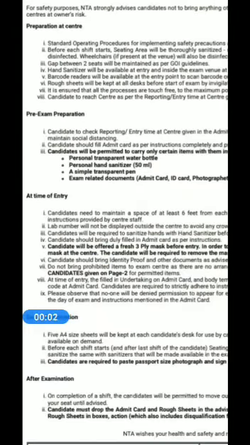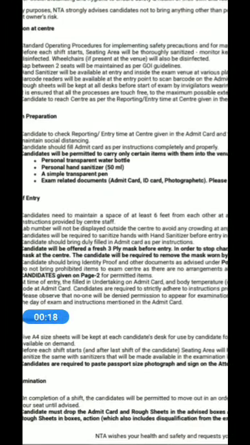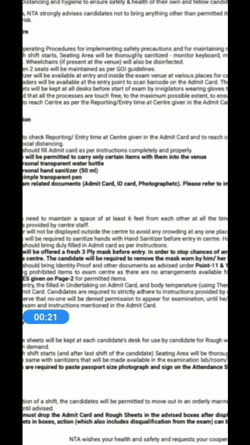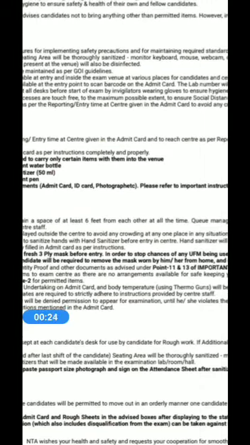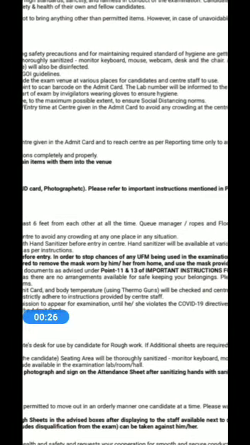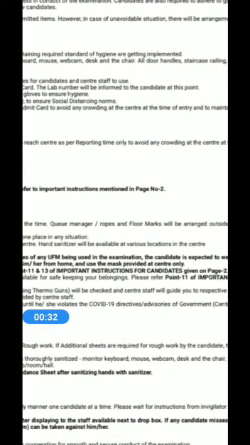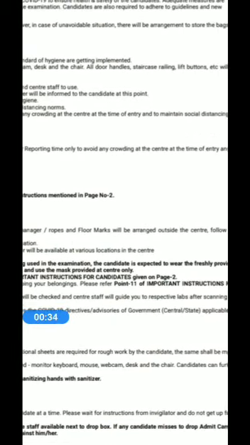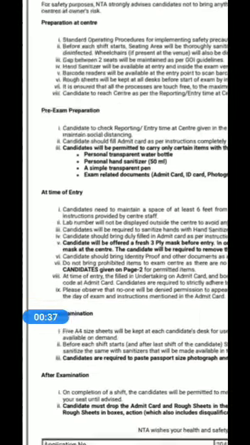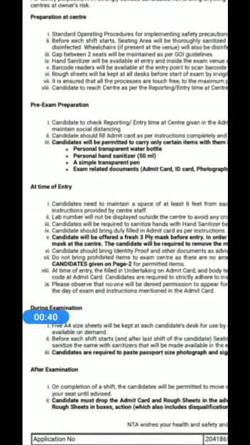So now at the time of entry, guys, I'm just going to read this fifth point, which is in bold letters, and you must read all the points. The fifth point is candidates will be offered a fresh 3-ply mask before entry in order to stop chances of any UFM being used in the examination. The candidate is expected to wear the freshly provided mask at the center.